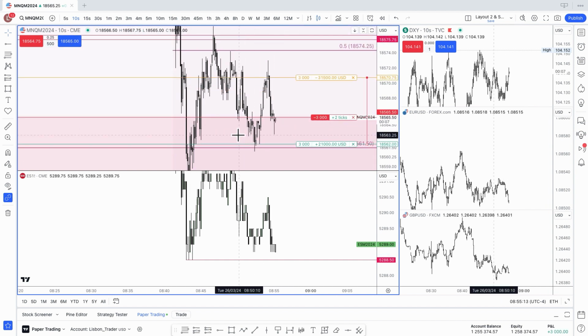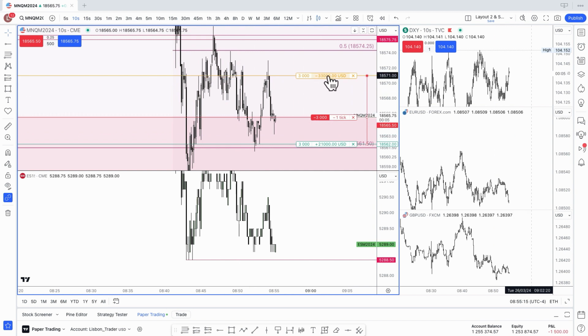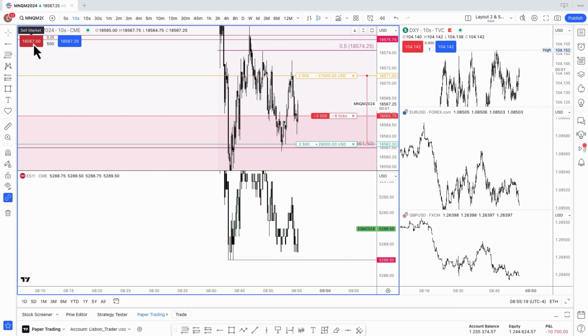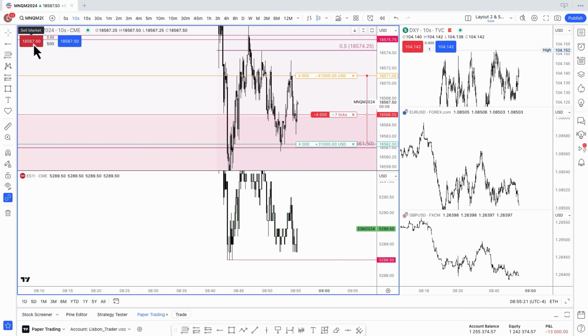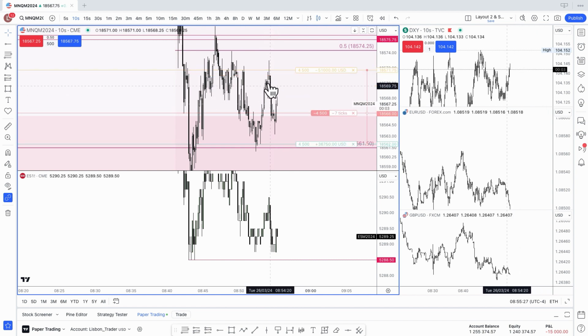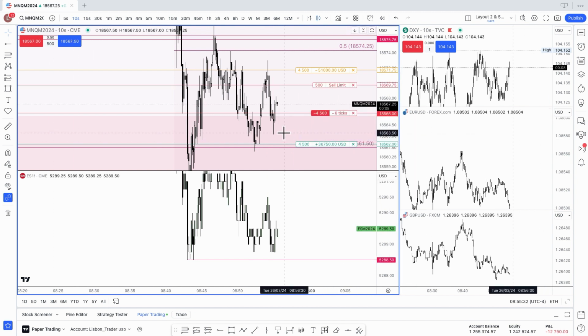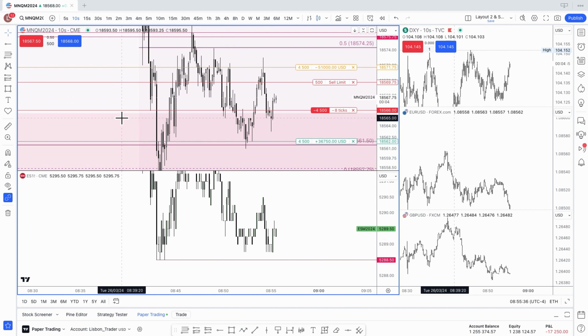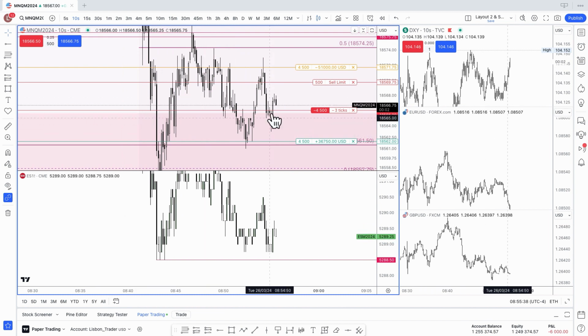Let's put stop above. Selling in this 10-second fair value gap. There's another one here. So selling there, before this resumes lower.